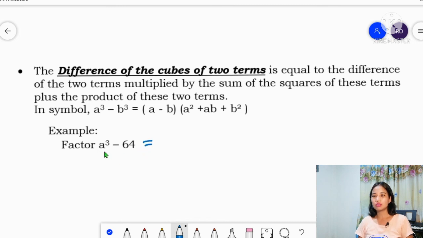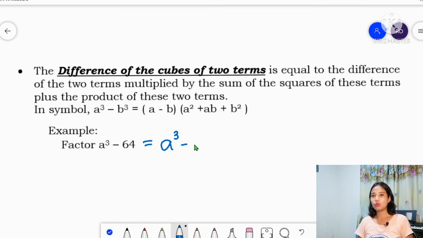So, this is equal to, let us copy first the first term, a cubed, kasi nasa exponential form na siya. And then, isipin natin, ano ba yung isang number na kapag minultiply ng 3 beses sa kanyang sarili, ang sagot ay 64. Okay? So, we'll copy first the minus sign. Okay.